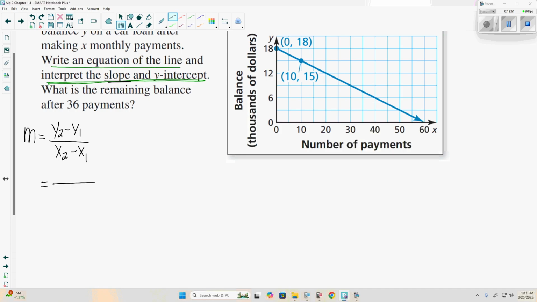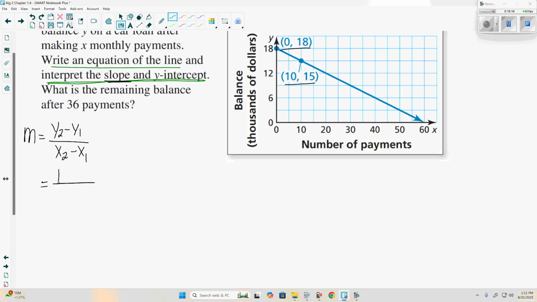So what points do we have? We have these two here, yes? So what's one of our x values or y values that we can use? Well, we could use what? Pick one of them.